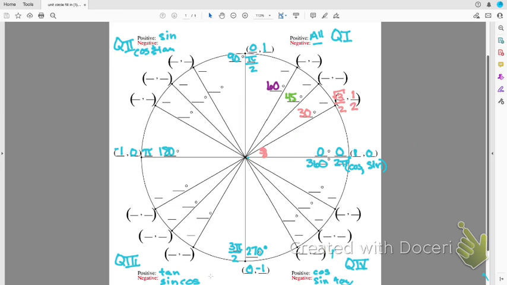Okay? So, the next one we're going to go to, we're not going to go around the circle at all. I want you to find me another 30-degree angle on this circle. Now remember, it has to be sitting on the x-axis. You can't bring your triangle off the x-axis.